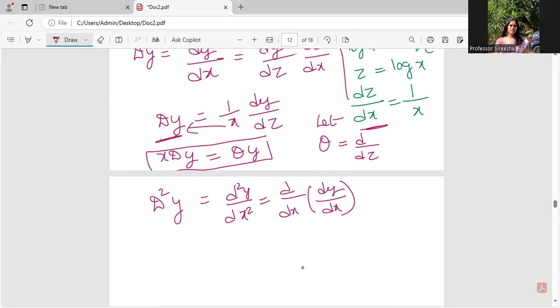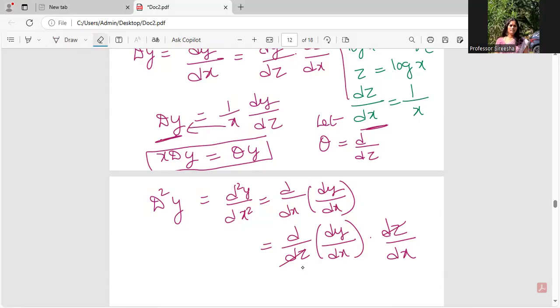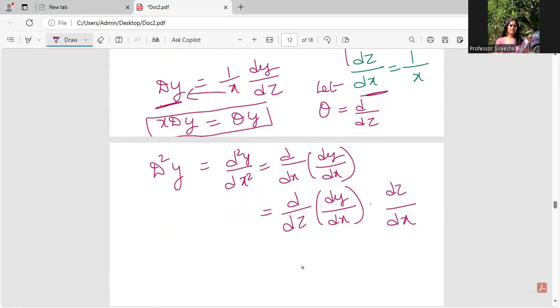So what I do is I'll be rewriting this as d by dz of dy by dx into dz by dx. I'll be cancelling out dz and I'll be again having d by dx only. It is like that actually, like 2 by 3 into 3 by 5 is 2 by 5. But then of course when I'm taking it as a differential operator, things are different. Now I know dz by dx is 1 by x, which I'll substitute later.